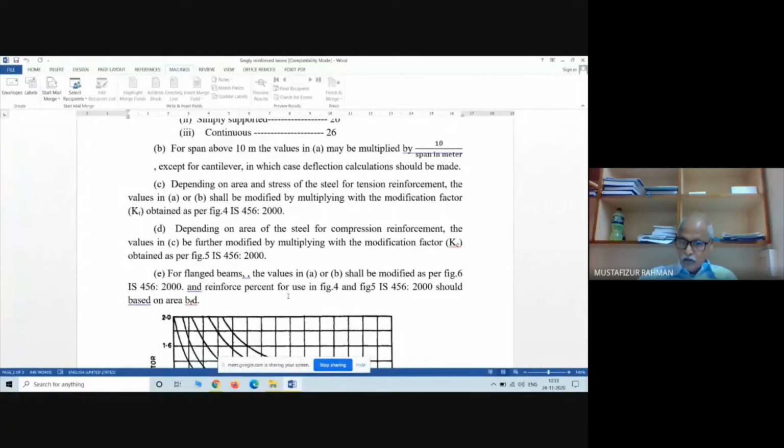So for doing that, when we have taken L by small d equal to 16, 15, 18, 20, whatever less than 20, here one thing we had not considered.